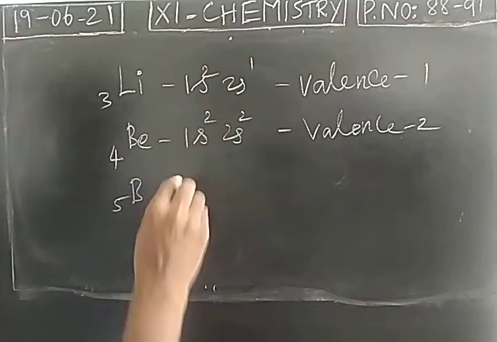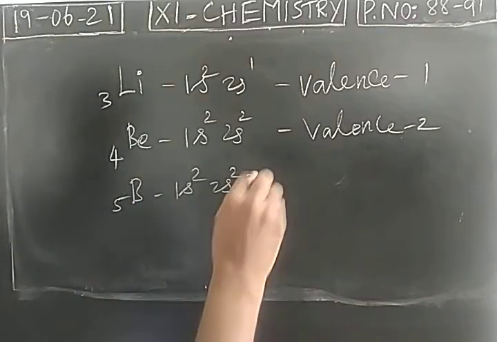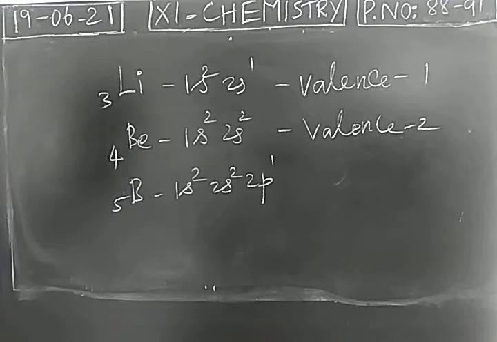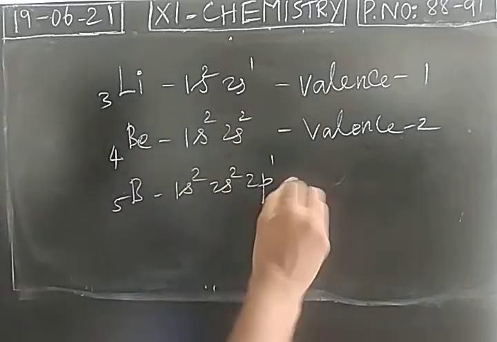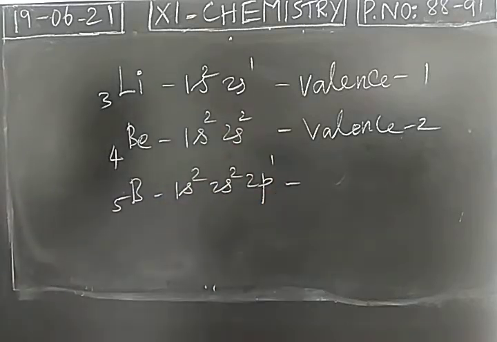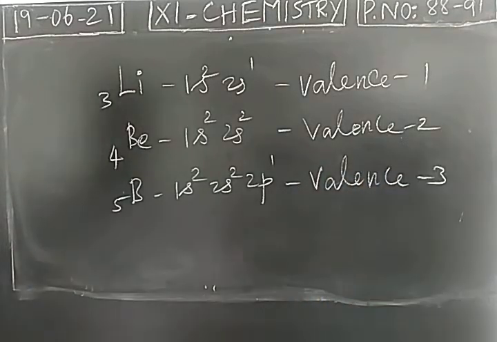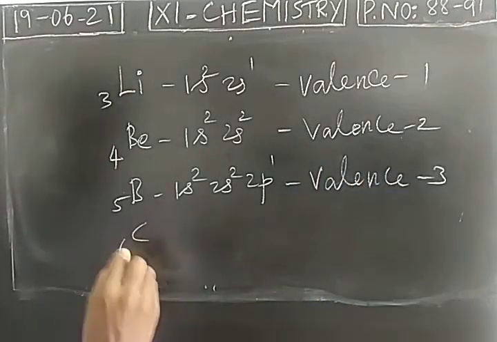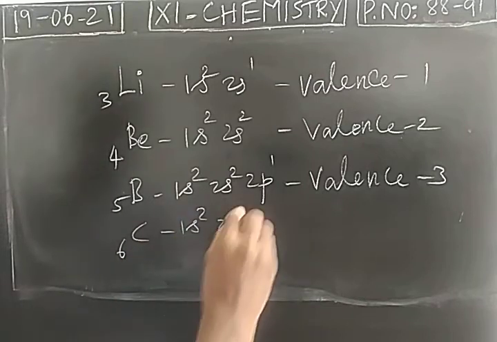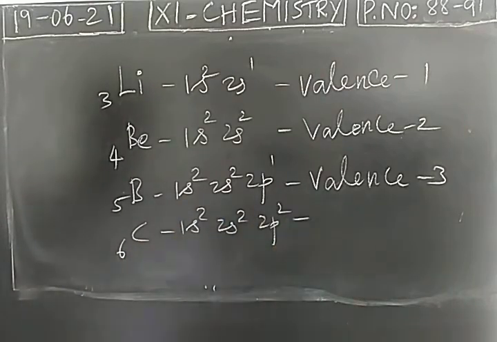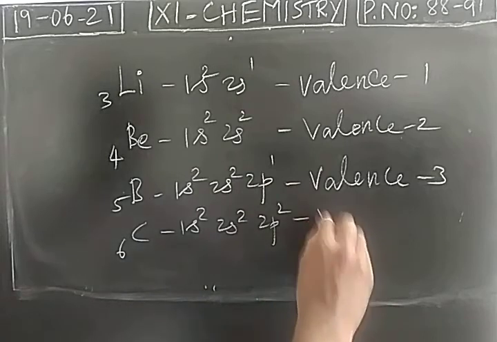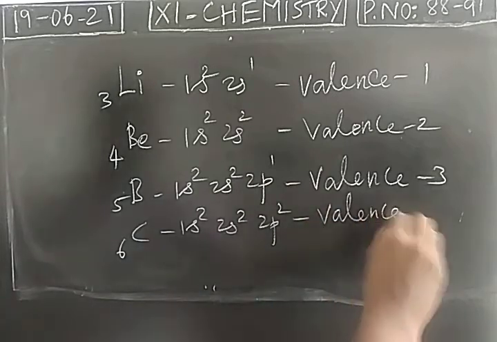Take boron, 1s2, 2s2, 2p1. In the valence shell, 3 electrons are present. Number of valence electrons 3, so valence 3. Carbon, totally 4 electrons are present in the valence shell. So valence of carbon is 4.